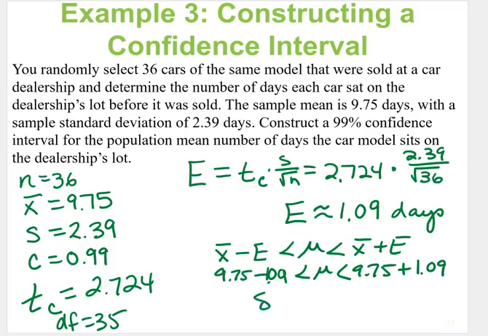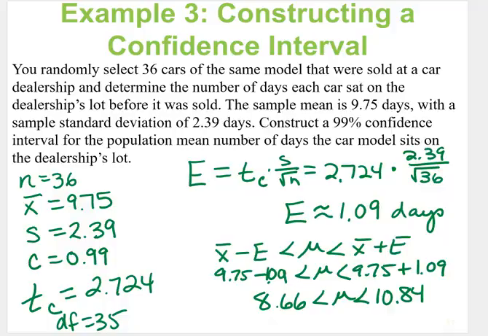So my low end is going to be 8.66, and my high end is going to be 10.84. So I am 99% confident that the population mean number of days that the car sits on the dealership's lot is between 8.66 and 10.84 days.